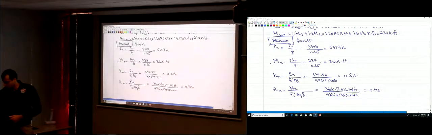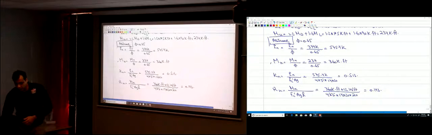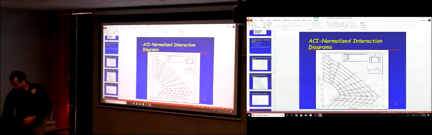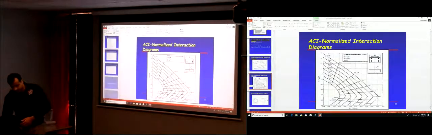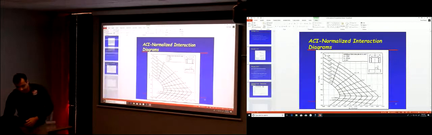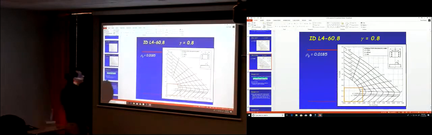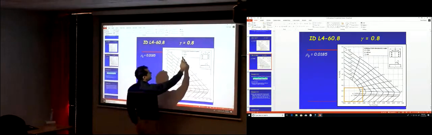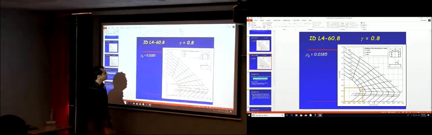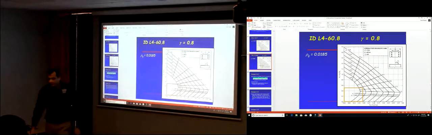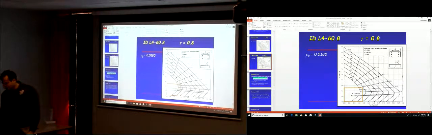Now you just need to use the curve. But which curve? You have different gammas. Which gamma are you going to use? So we have to calculate gamma over here.